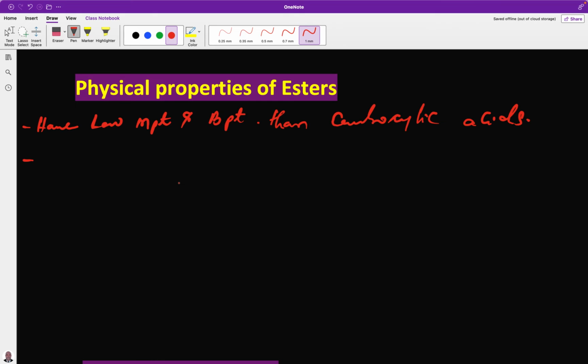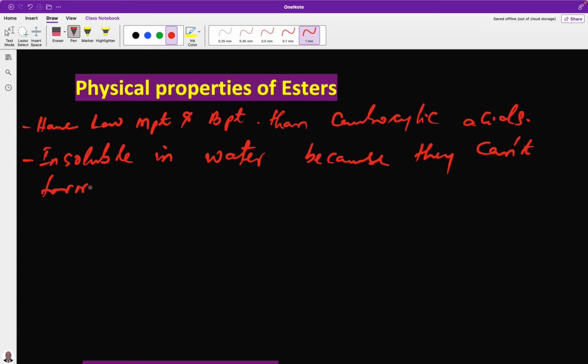They are insoluble in water because they cannot form hydrogen bonds with water molecules.